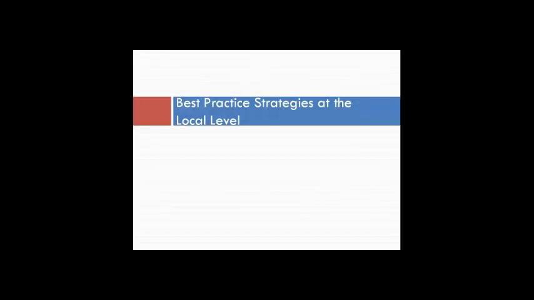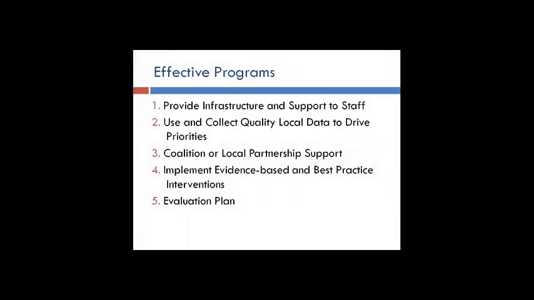So what does it mean to implement best practice strategies at the local level? What we know to be true of effective programs is that, number one, they provide infrastructure and support to staff to do the work. Unfunded programs that do not have staff with dedicated time focused on their initiatives are not likely to be successful or have long-term sustainability. Number two, effective programs use and collect quality local data to drive priorities. Number three, coalitions or local partnership support.